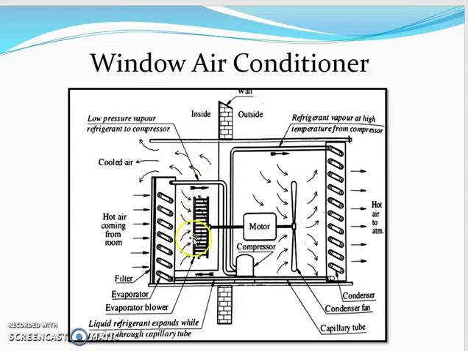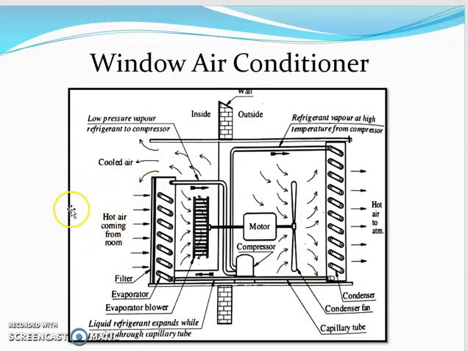So here also the circuit is the same, that is evaporator, compressor, condenser and capillary tube. Apart from the cooling effect, we want proper humidity, air cleanliness and proper air movement. So first we'll start with the basics.